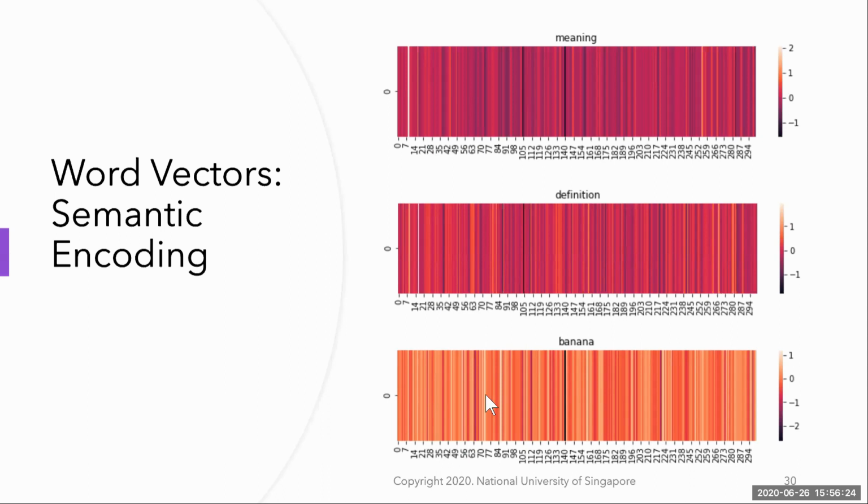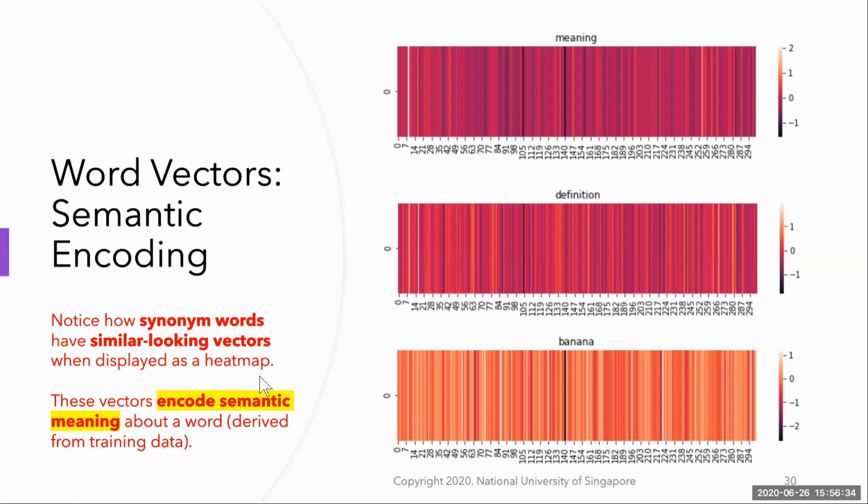So this captures the meaning of banana, and this captures the meaning of meaning and definition. So it's an encoding, a semantic encoding. The numbers come about by looking through a bunch of texts, looking at words before and after, and at surrounding words.